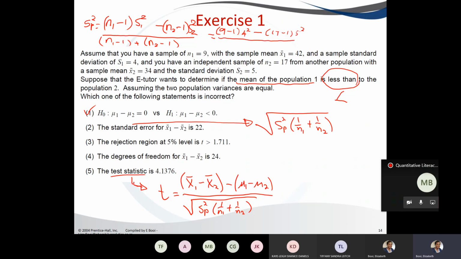Divide everything by n1, which is 9 minus 1, plus n2, which is 17 minus 1. So to solve the whole problem, I need to find a calculator.